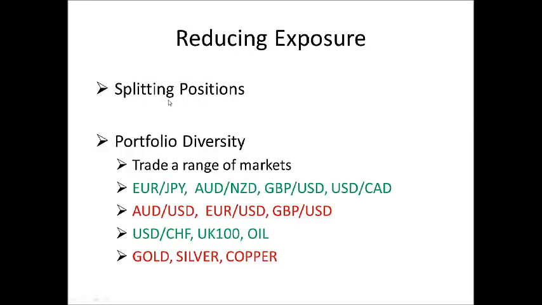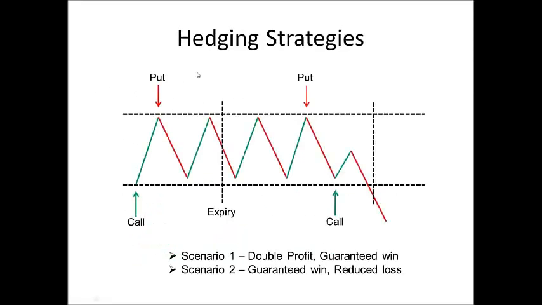So let's look at splitting positions, and let's go back to one of the illustrations I used for a hedging strategy. When talking about hedging strategies and using this illustration, I used $10 as an example of a call and a put, but we can reduce our losses and reduce market exposure if we split our positions.